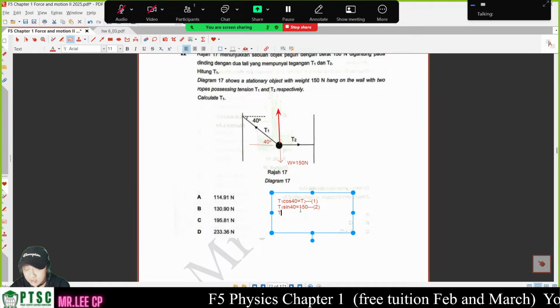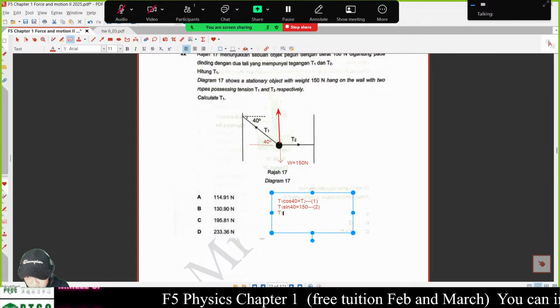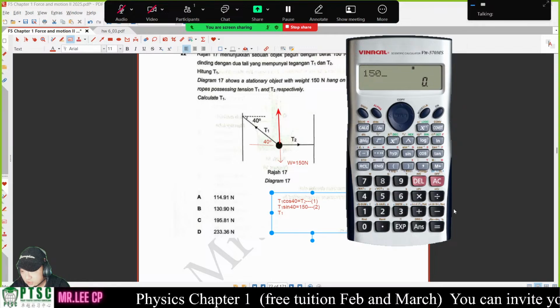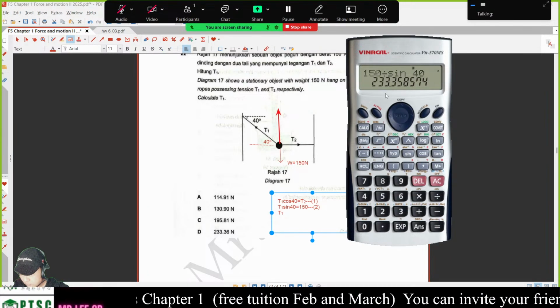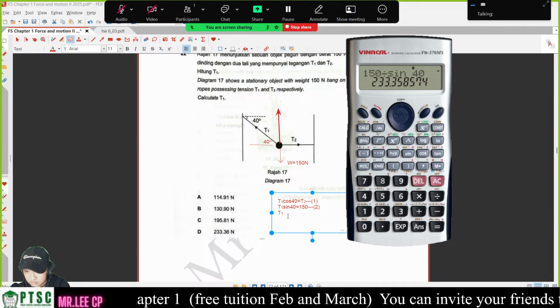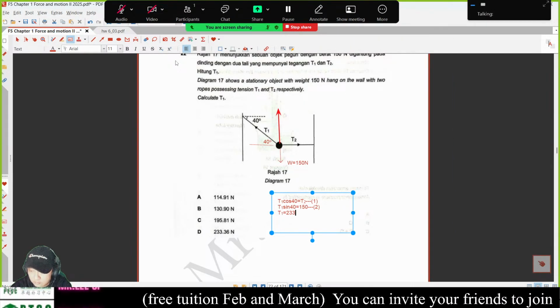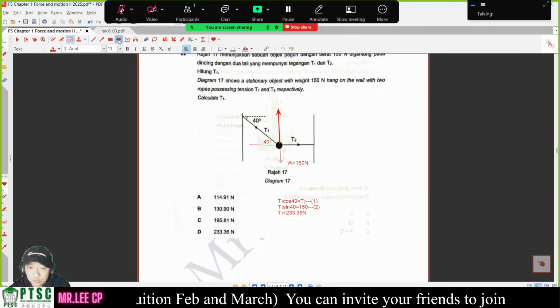T1 is 150 divided by sine 40. So I'll get 233.36, unit Newton. They never asked me to find T2, so I just leave it here.